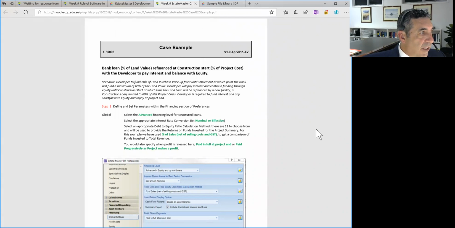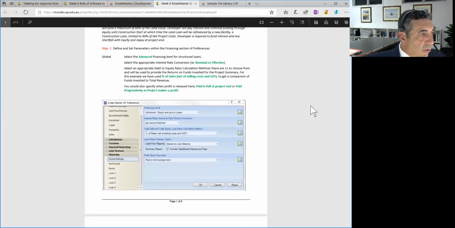Once the settlement has been finalised and the development construction commenced, the limit for lending is now 60%, which means, of course, that it's critically important for a property developer to look carefully at cash flow issues.